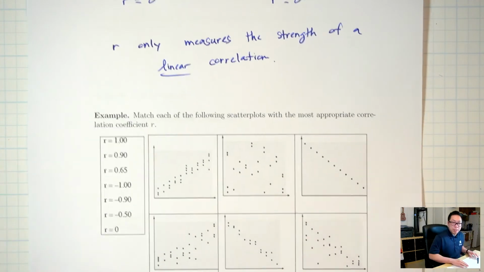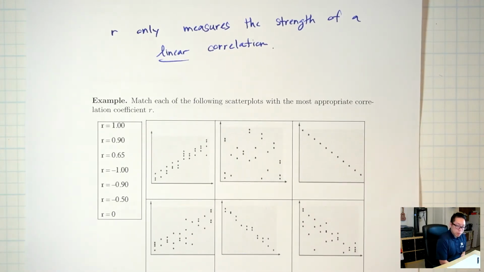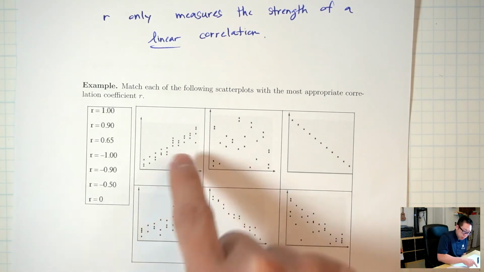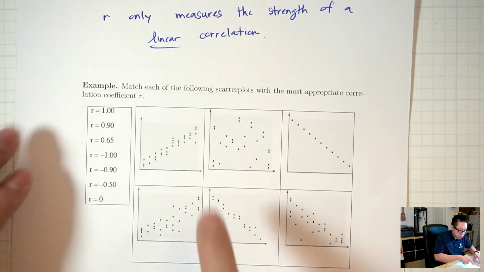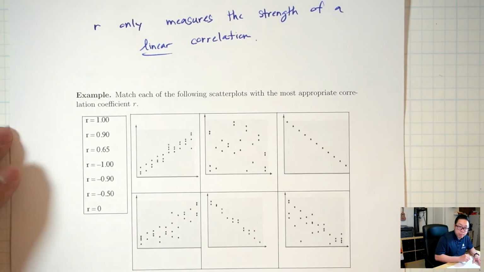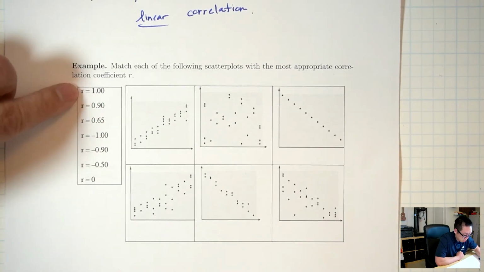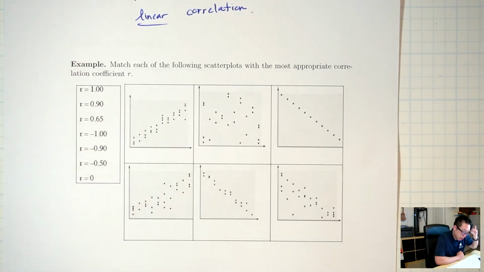All right, let's take a look at this example. This is a matching example. We have some scatter plots, and what I want to do is match each scatter plot with the R. Let's start with these first 3 R's: 1, 0.9, and 0.65. Those are positive, which means they should go with pictures that are going upward, positive correlation.